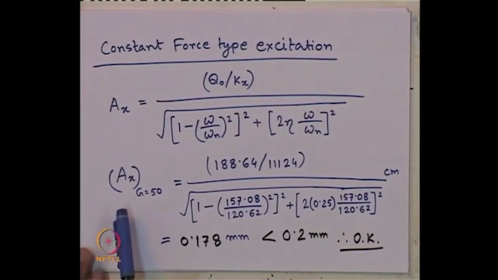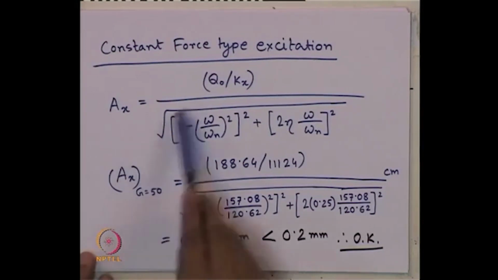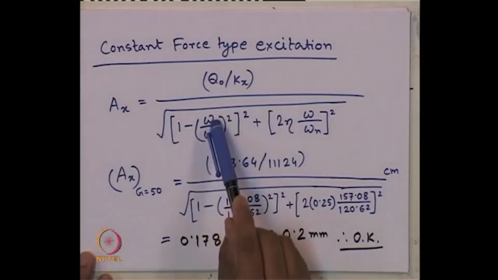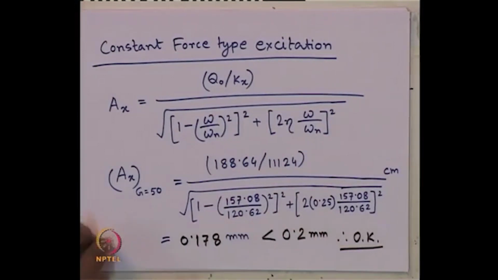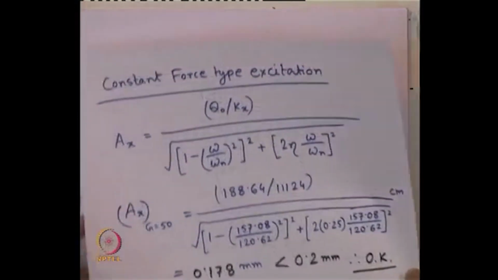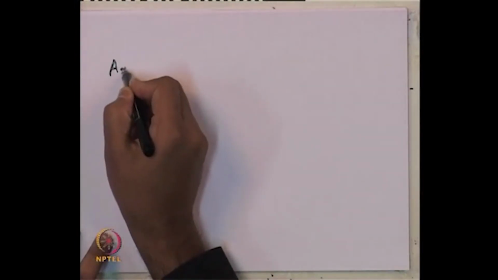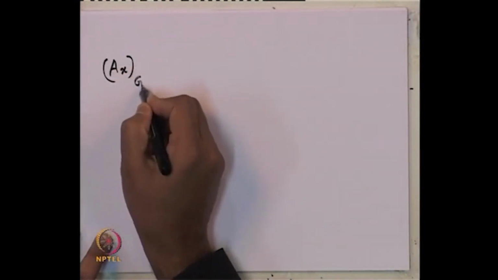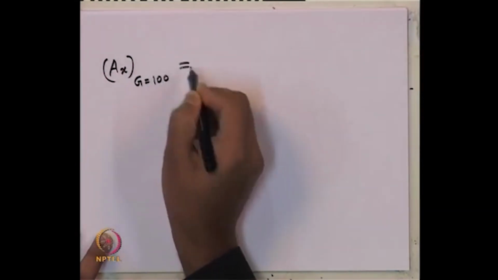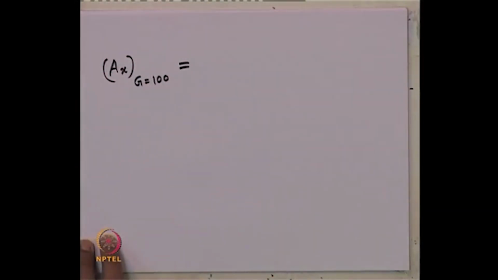Similarly, let us calculate the horizontal maximum amplitude of displacement for the other two types of soil, G equals 100 TSF and 200 TSF, at operating frequency. These all are at operating frequency. That is why this omega by omega n is coming into the picture. So, Ax for G equals 100 is coming about this.